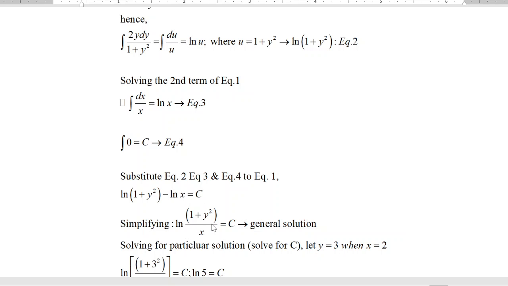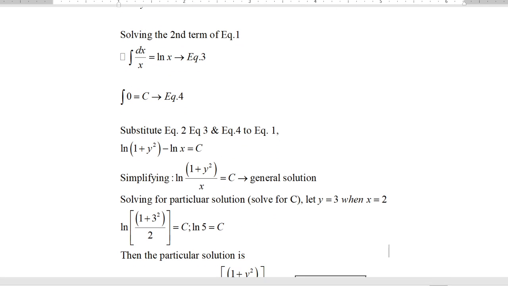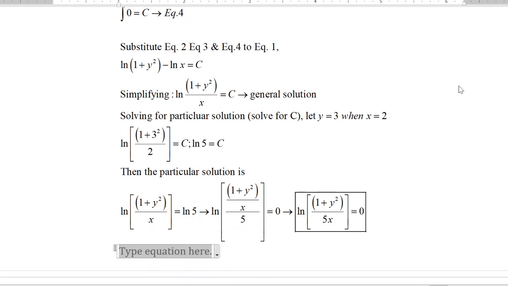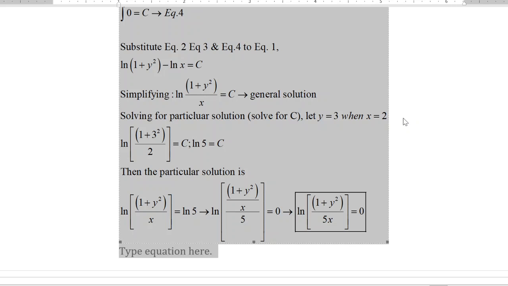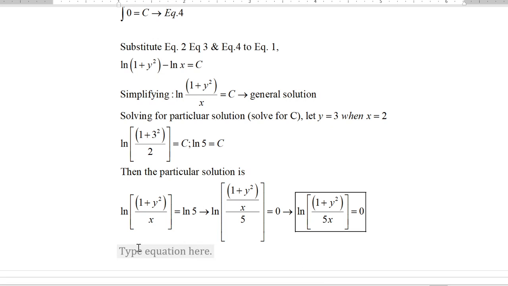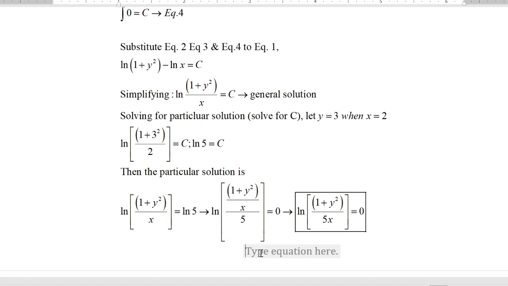Simplifying, paano naging ganyan? So, explain ko kung paano naging ganyan. So, take note lang, kung naalala nyo, properties of logarithms.